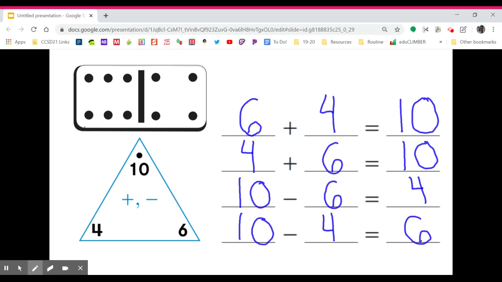So these 4 number models that we have written for this domino are also the 4 number models that we can use to represent this fact triangle. If we were to take the domino away and just look at the fact triangle, we would be able to make these same 4 number models.